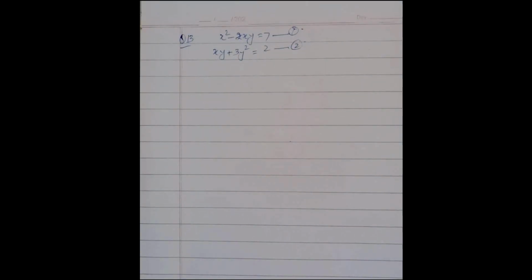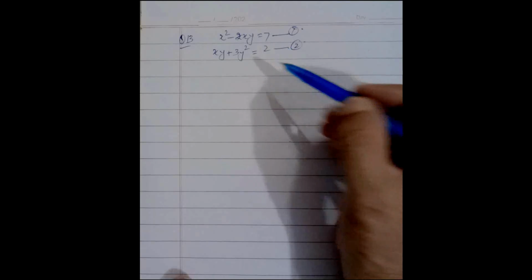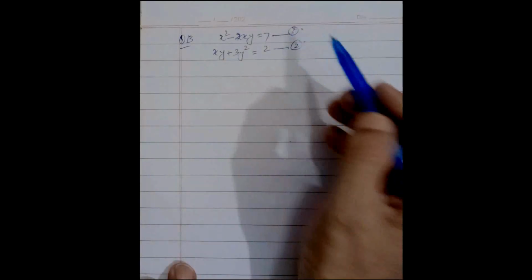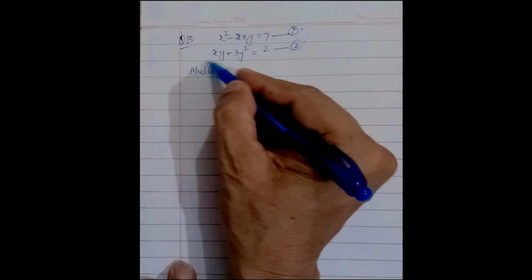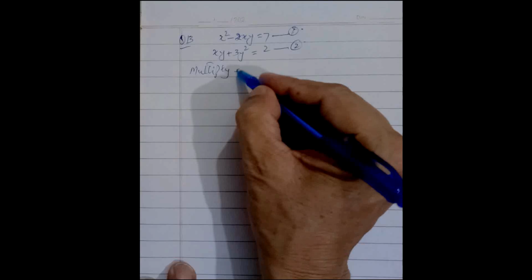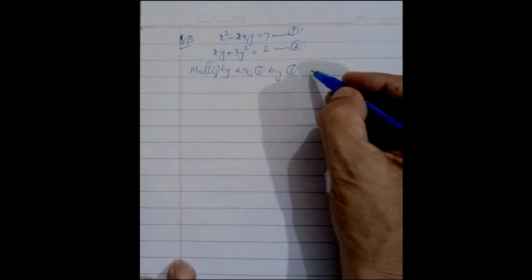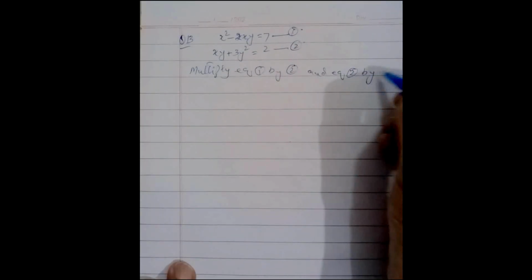And in the same way, we first simplify the constants, which are 7 and 2 of the two equations, and for that we multiply equation 1 by 2 and equation 2 by 7.